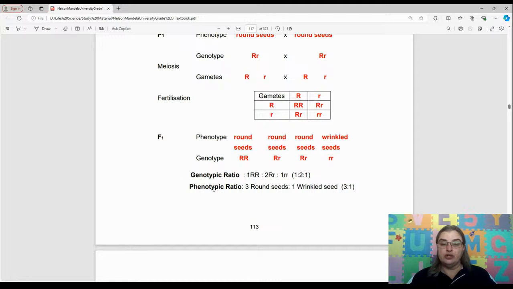And in the phenotypic ratio, the resultant thing that we see, the physical characteristics, it's going to be three round seeds and one wrinkled, which is a 3-to-1. Okay, so just note that very carefully. Don't get confused there, guys. So if we're talking about the genotypic ratio, it's definitely got to do with the genetic level. And you can see how that's a 1-to-2-to-1 ratio, because there are actually different combinations there. But the physical thing is only two choices, either round or wrinkled, 3-1.